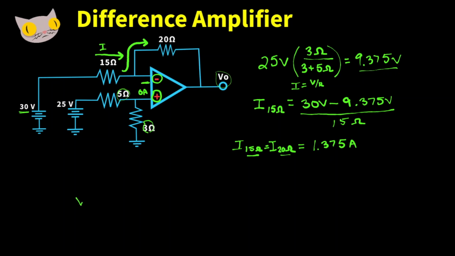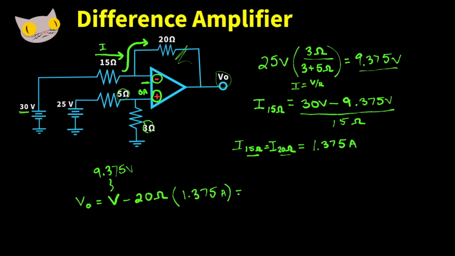So VO is going to equal the voltage at one of the input terminals minus 20 ohms, because we have that 20 ohm resistor here, times the current. And our voltage is 9.375 volts.